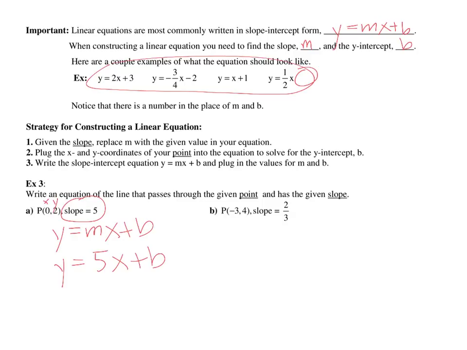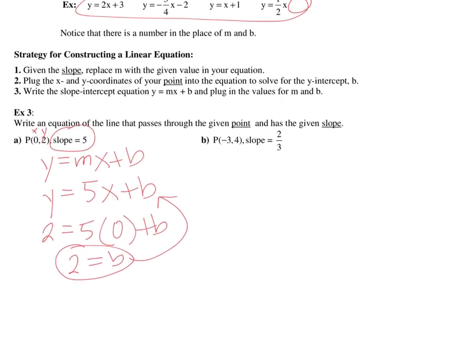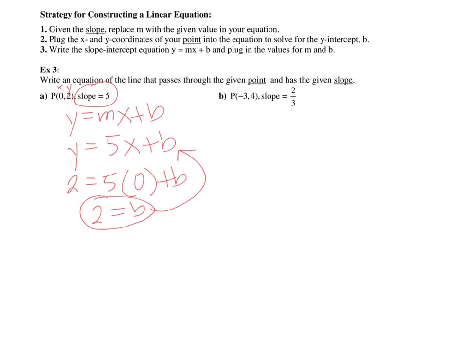That's what I'm going to use the point for. So I have 2 is equal to 5 times 0 plus b. So I have 2 is equal to b. I'm going to plug it in. So y is equal to 5x plus 2.